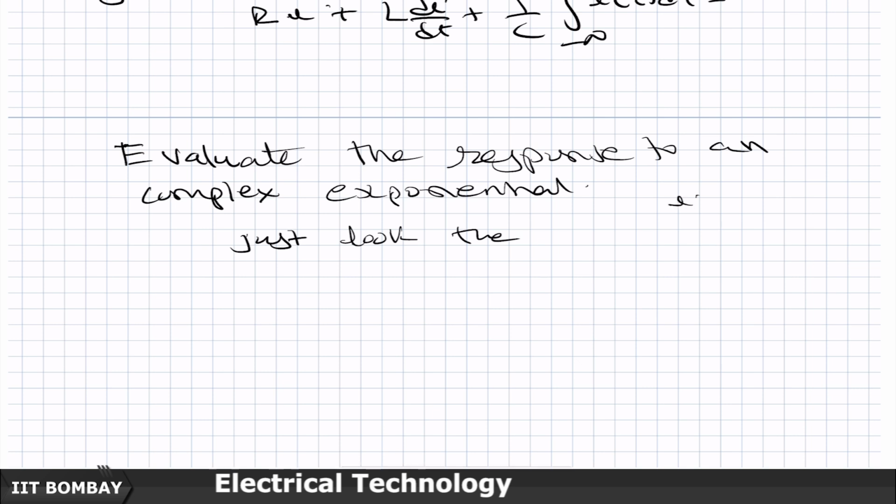So, whatever that i of t will be, it will actually be a complex function, and then just look at the real part of it.